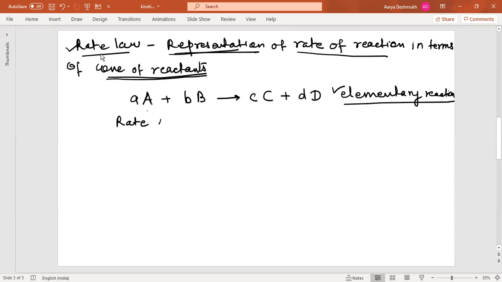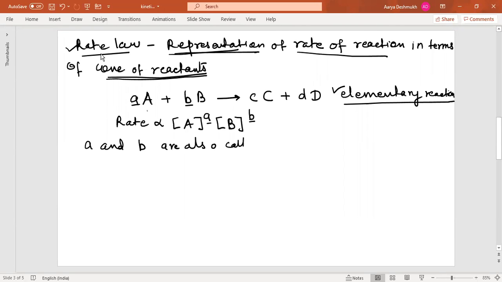So if this is an elementary reaction, how will you write the rate for this? Rate is proportional to the concentration of A raised to small a and the concentration of B raised to small b. So what are these a and b? These are nothing but the stoichiometric coefficients, isn't it? Now these small a and small b are also called the order of the reaction.